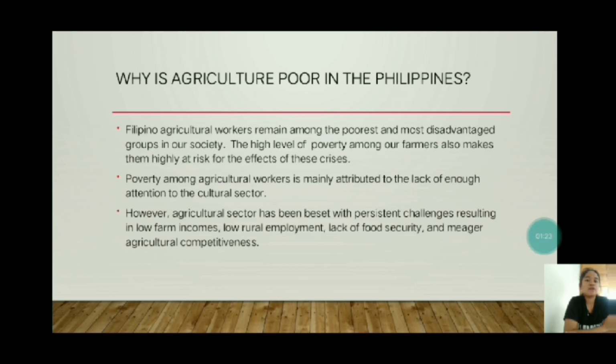Poverty among agricultural workers is mainly attributed to the lack of attention to the agricultural sector. However, the agricultural sector has been beset with persistent challenges resulting in low farm incomes, low rural employment, lack of food security, and meager agricultural competitiveness.